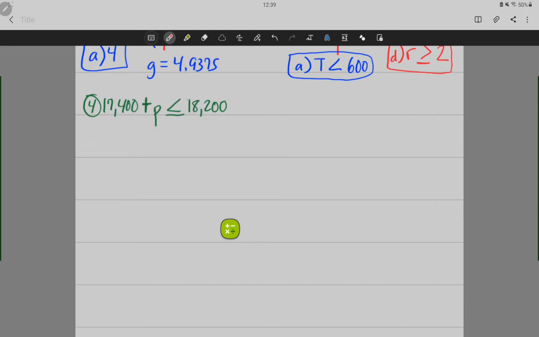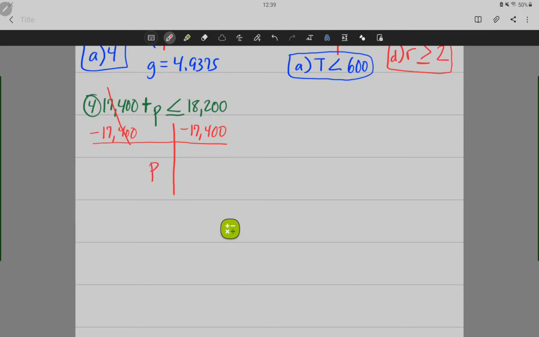It's one step. Let's draw the line where we see the symbol. And we want P by itself on the left-hand side. But next to it is the constant, positive 17,400. So inverse of that, opposite of positive is negative. So we want to subtract 17,400 on both sides. 17,400 minus itself is 0, so cancel that.